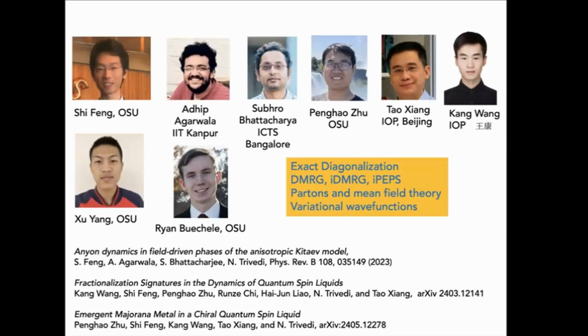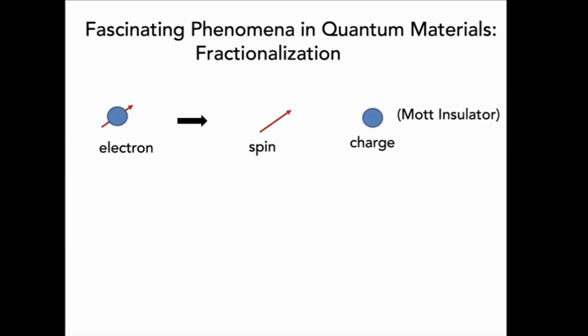So that's the plan, and I want to get only the main ideas across because time is short. The first point is that with quantum spin liquids we are in a very interesting regime, in materials and other collective interacting systems, like cold atoms, where entities interact strongly and we see fractionalization of something fundamental like an electron, which carries charge and spin, and these can separate in a Mott insulator.